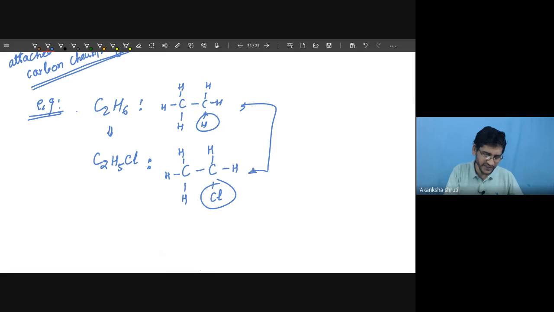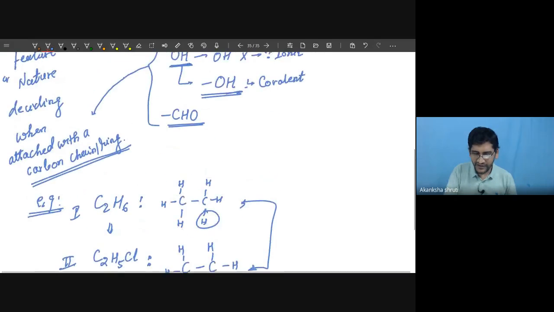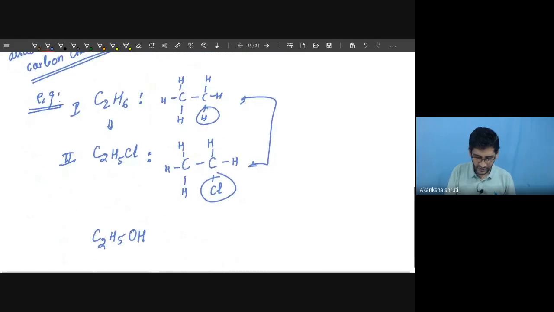So one may consider this as the first and this as the second. Let me consider one more. In C2H5, another group of atoms, OH, is attached in place of one hydrogen. The remaining 5 will be filled with hydrogen, and at this one place OH.